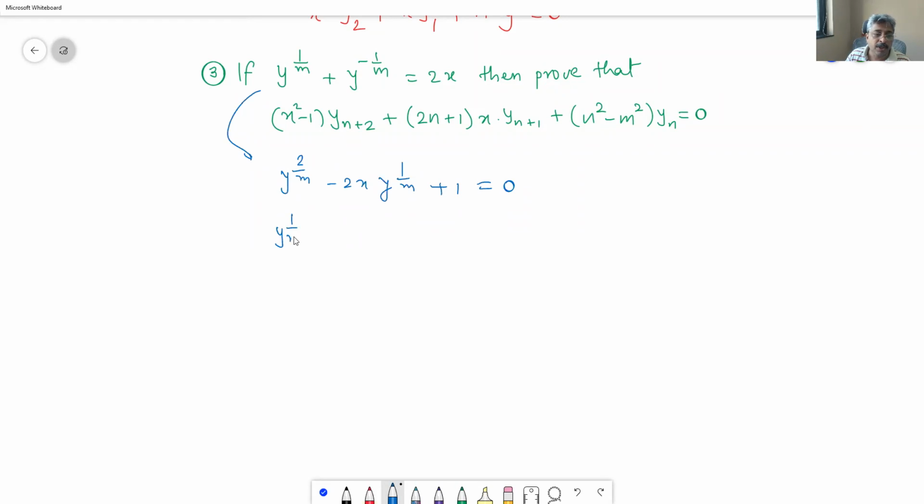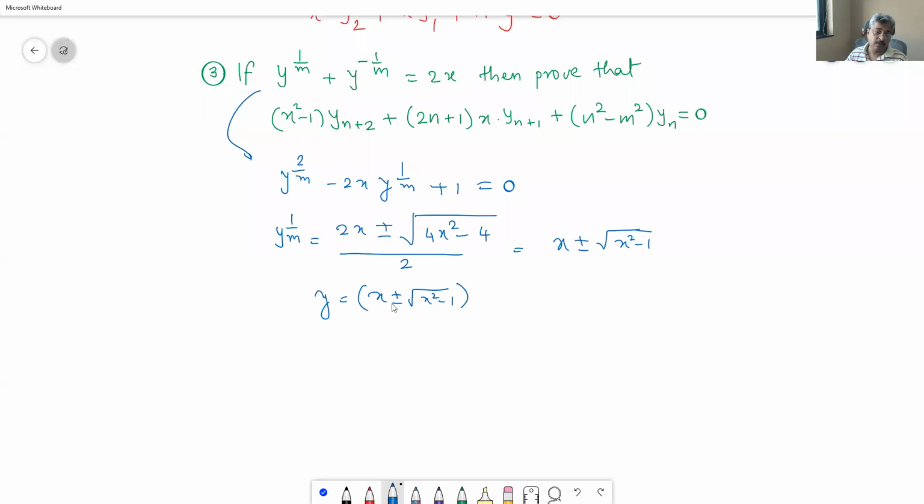Therefore, y raised to 1 upon m is equal to minus b, that is 2x, plus minus under root 4x square minus 4 upon 2, which is equal to x plus minus radical x square minus 1. Therefore, y is equal to x plus minus radical x square minus 1 bracket raised to m.